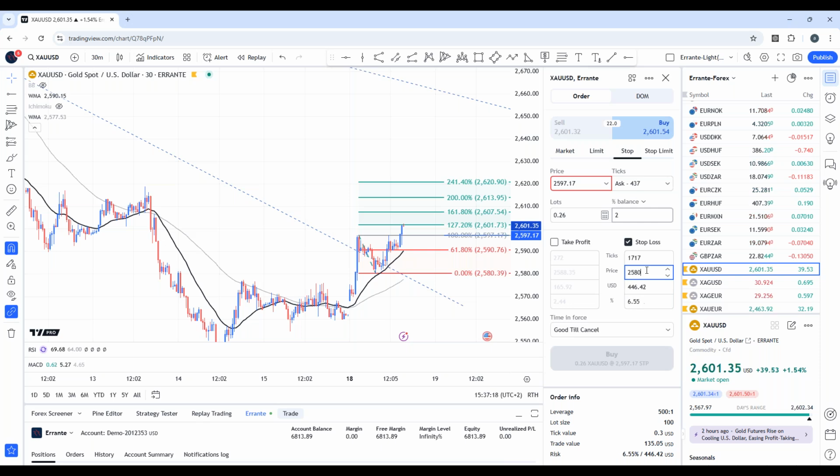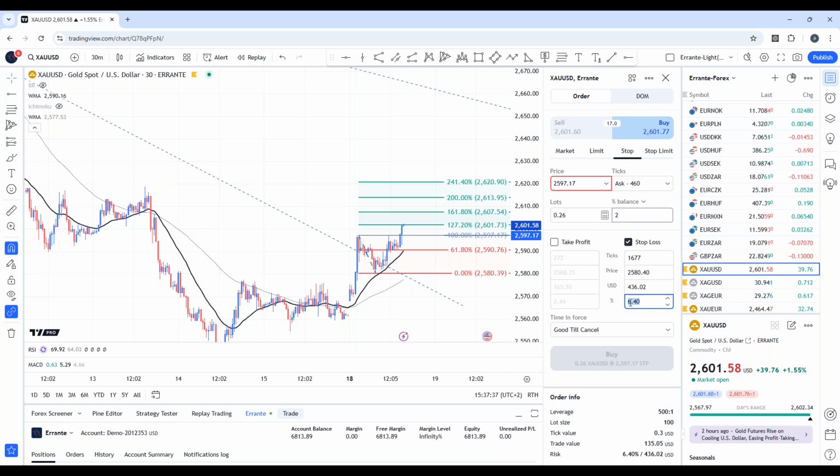It's 2580.39, okay? So with this size of position, I'm going to risk 6.4% of my account. So it's too much for me here, but I'm going to set it to only 2%.